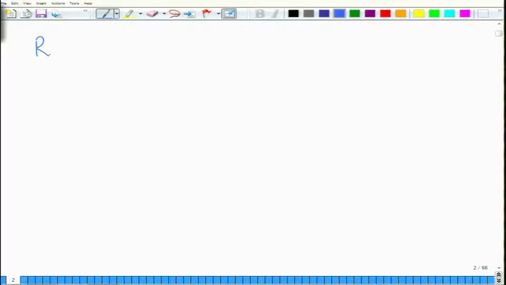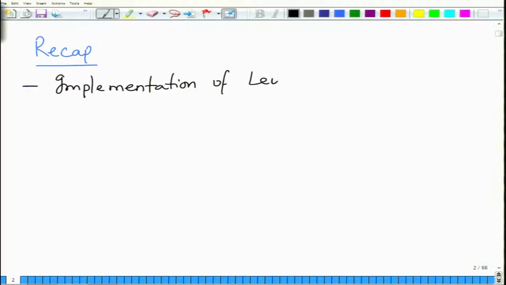So in the last lecture, we discussed the implementation of the lever rule in a binary phase diagram. So we considered a phase diagram like this.